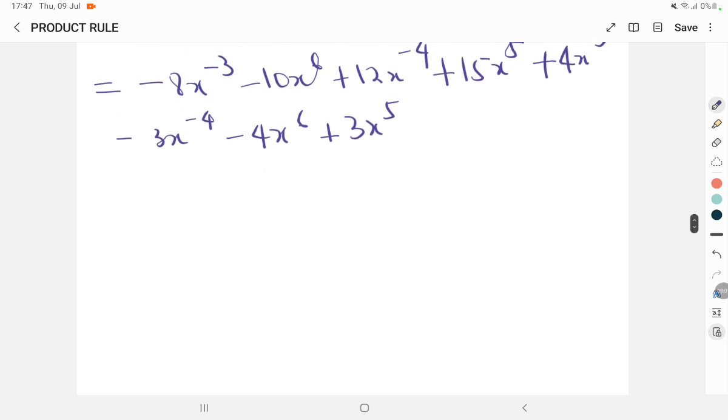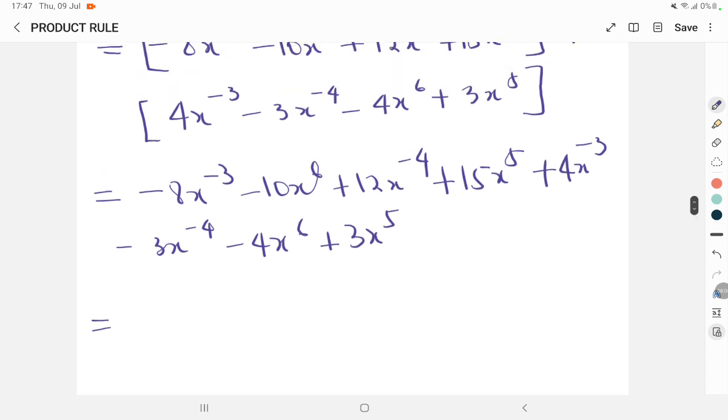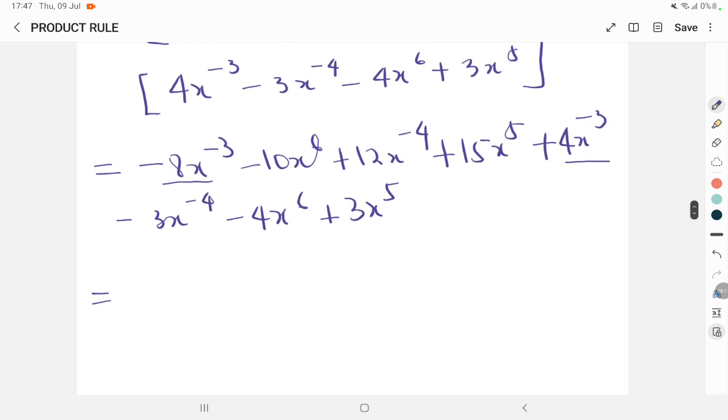Then what is left? We have to add them. If you check this one, we can add it with this one because they have the same exponent, right? So that means we're gonna have -4x to the power of -3, right?